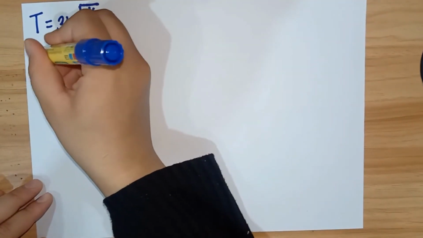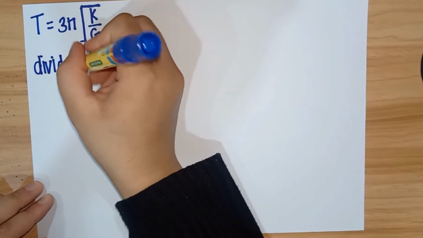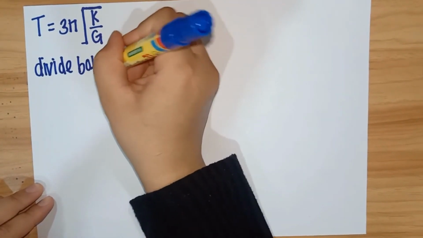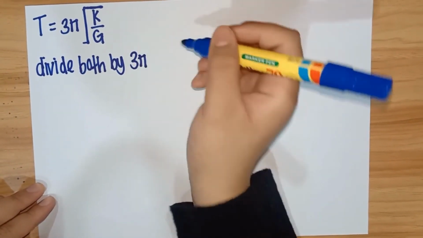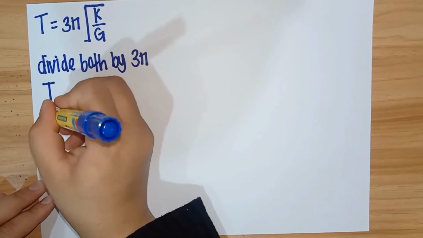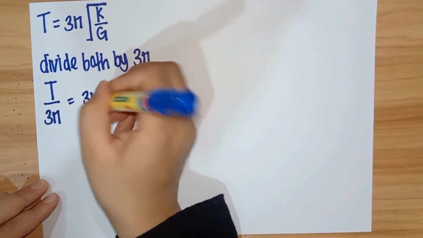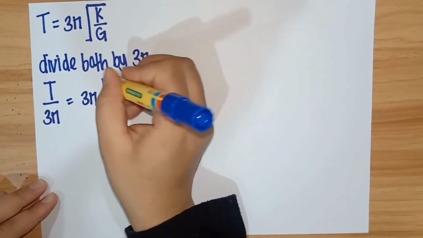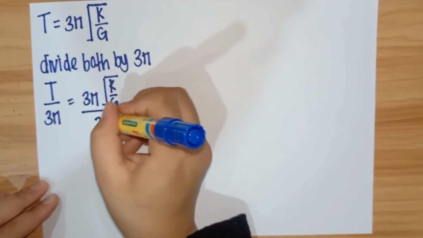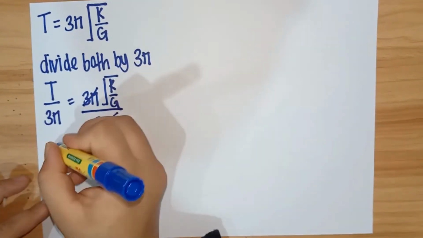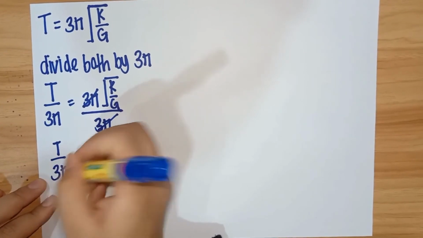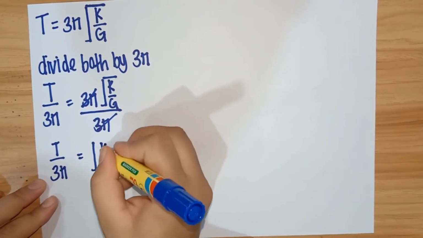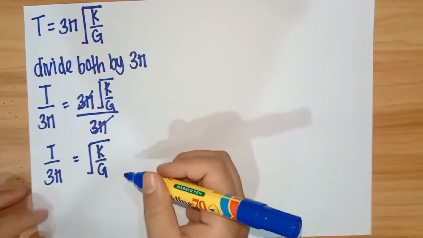Firstly, we need to divide both sides by 3 pi. So we can cancel out the 3 pi on the right hand side. We get T over 3 pi is equal to square root of K over G.